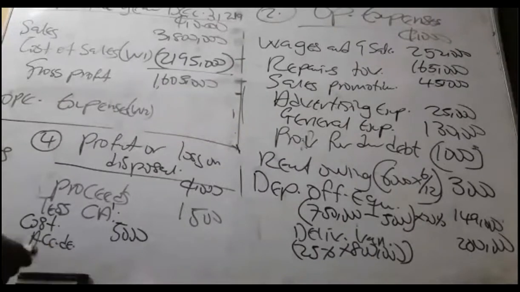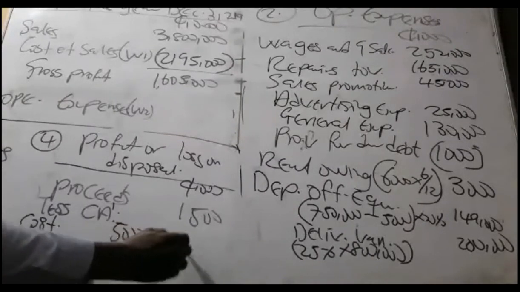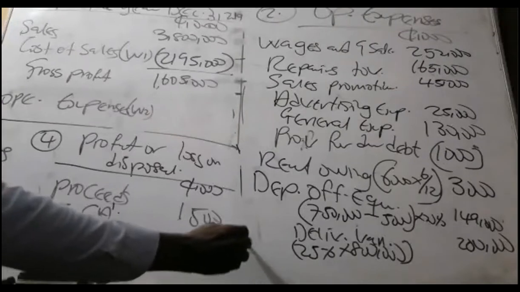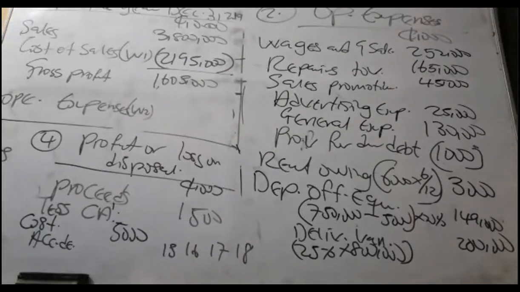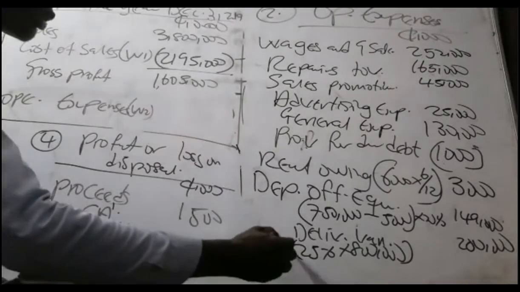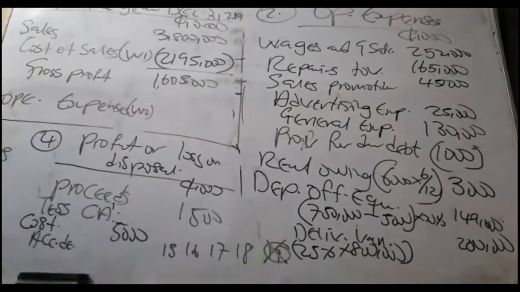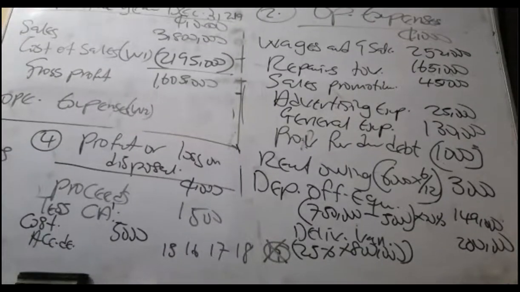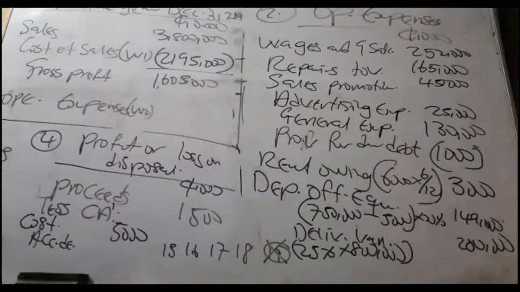So it will be 15, 16, 17, 18. Perfect. So 4 years. 19 will not be part because we don't charge depreciation in the year of disposal. Good. So we know that it's 4 years.